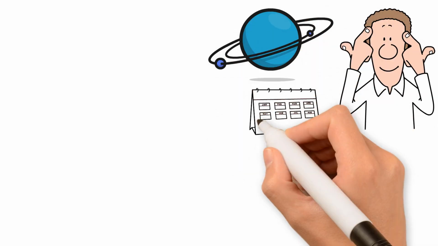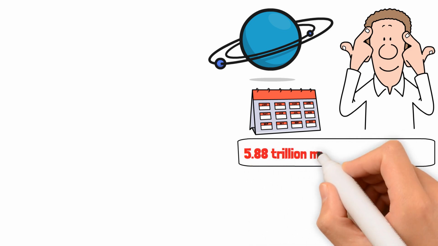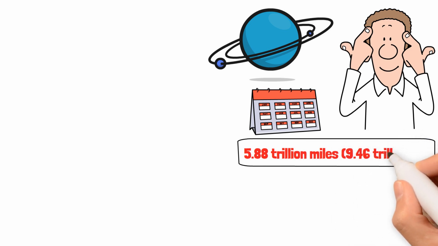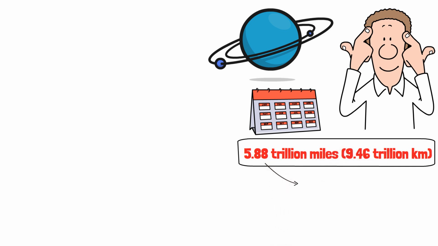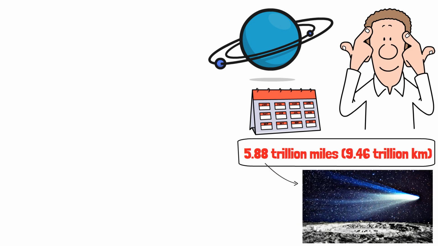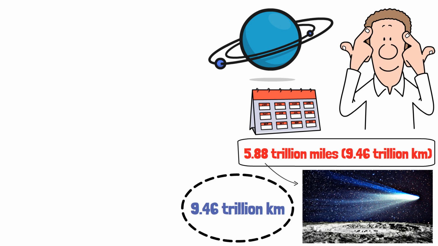Over the course of a single year, the distance that is measured in light years is approximately 5.88 trillion miles, 9.46 trillion kilometers. This is the distance that light travels in a year.